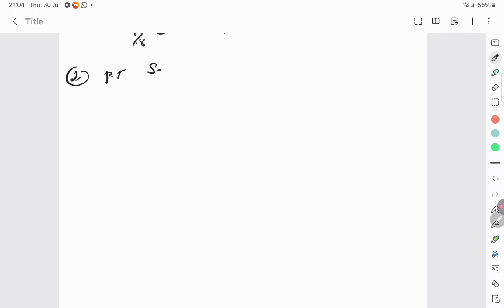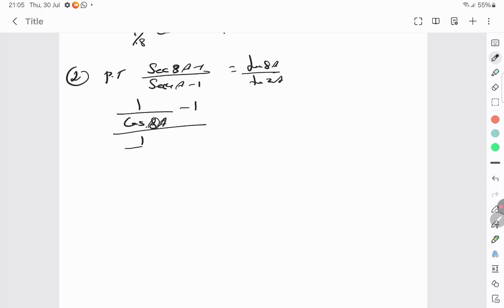Prove that (secant 8a minus 1) by (secant 4a minus 1) is equal to tan 8a by tan 2a. Let's write this as sin and cos to make it easier. 1 by cos 8a minus 1, by 1 by cos 4a minus 1.